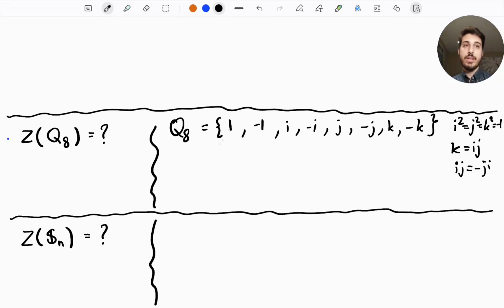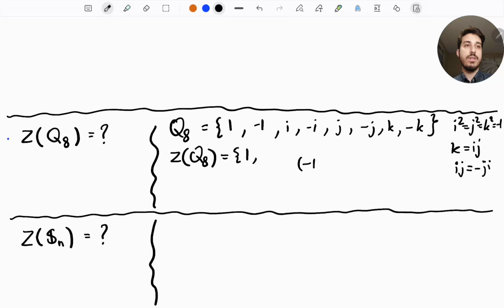So what is the center of Q8? Well, the identity is always the case. Always, identity times any element is equal to that element times the identity. So we can just simply say Z(Q8) contains the identity. Okay, what else? Minus 1. Is it a candidate? Of course. Minus 1 is a real number. Multiplying a real number by any of these will get you a commutative property of multiplication.